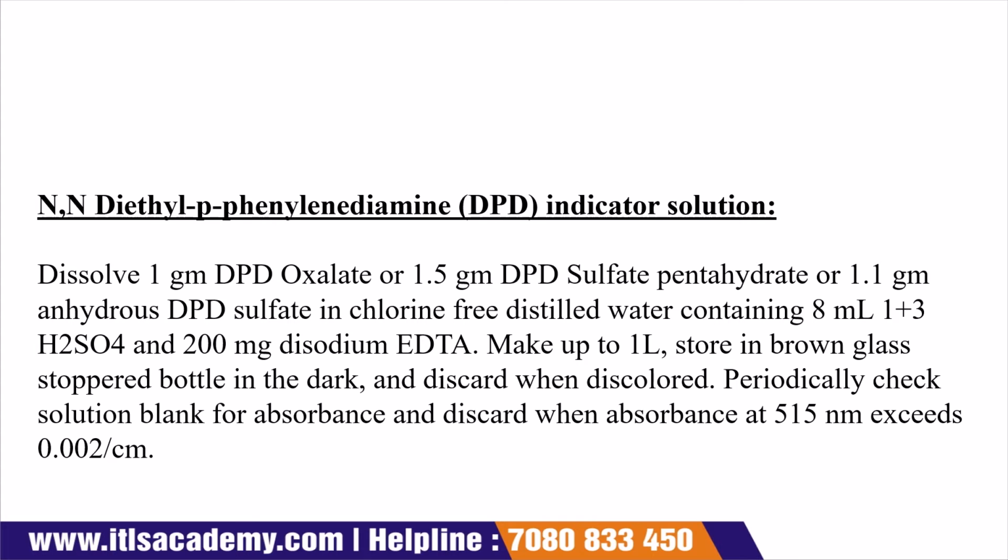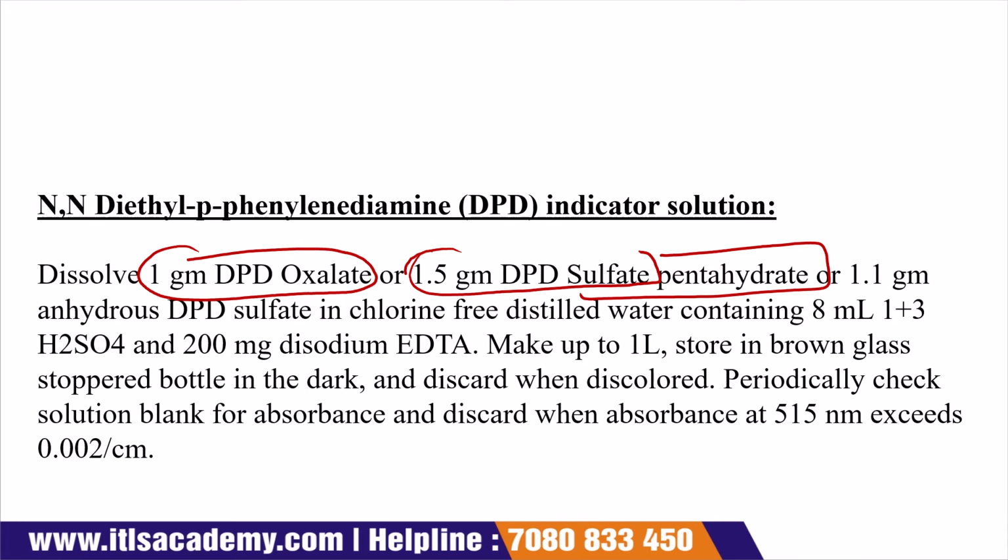For this, we simply take 1 gram of DPD oxalate, or 1.5 gram of DPD sulfate pentahydrate, or 1.1 gram of anhydrous DPD sulfate, in 8 ml of chlorine free distilled water. You can take any one of them.